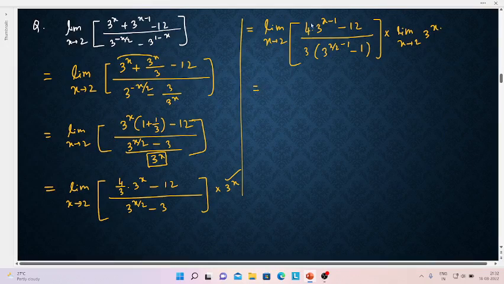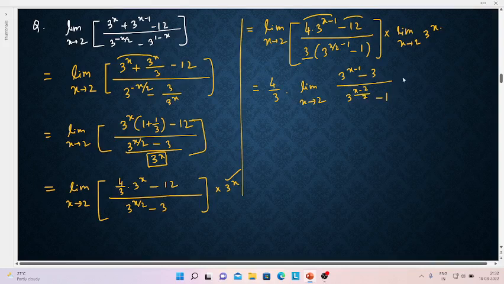So I can take 4 common from these 2 parts, right. So if I take 4 common and I take 3 common, then that will become 4 upon 3, and on the right side we will have the limit as x tends to 2 of 3 to the power x minus 1 minus 4, wait a second, it's 3, and the denominator will become 3 to the power x minus 2 upon 2, right, minus 1.